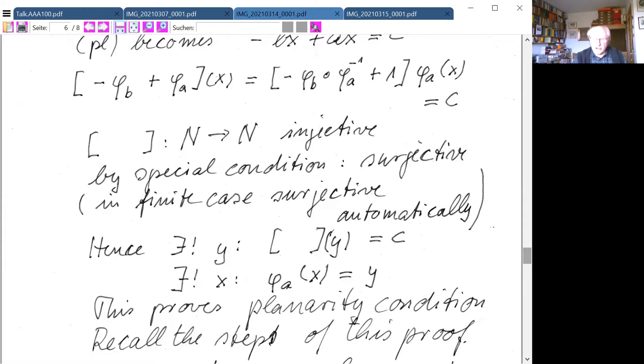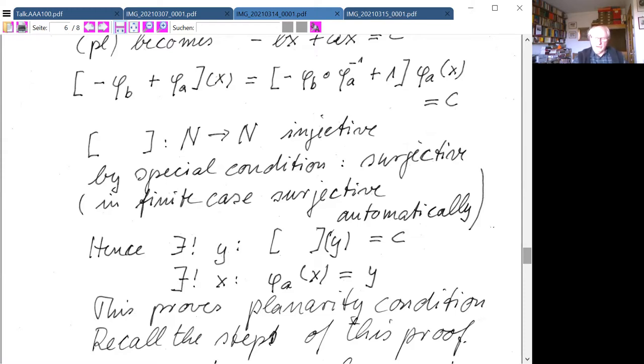By the special condition, which is supposed, together with the definition of a Ferrero pair, this must be surjective. In the finite case, an injective map of a finite set onto itself is automatically surjective.